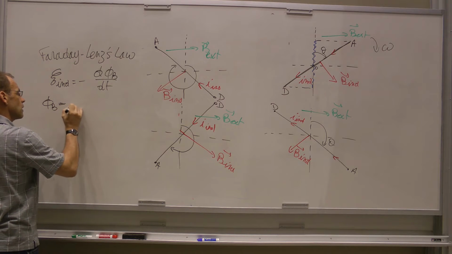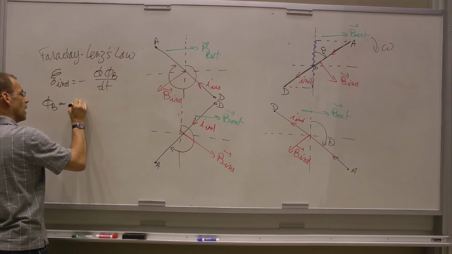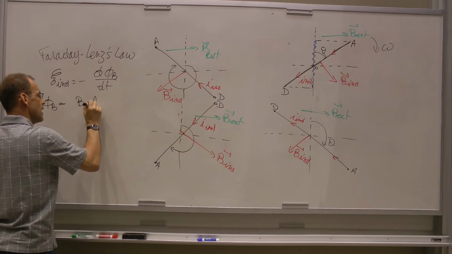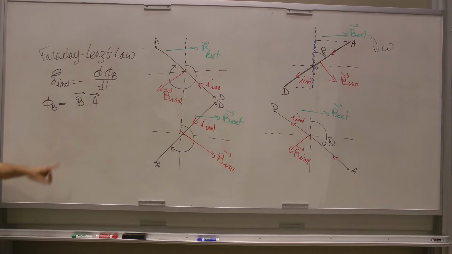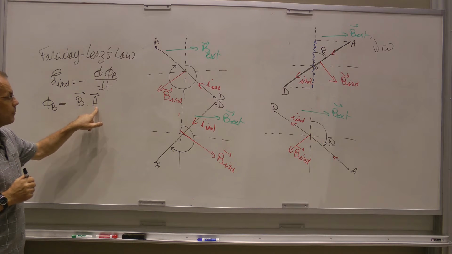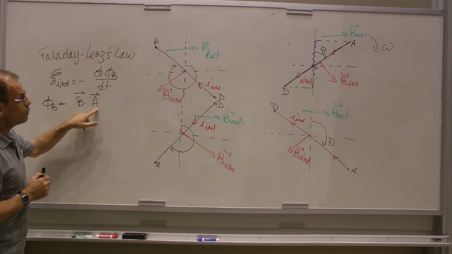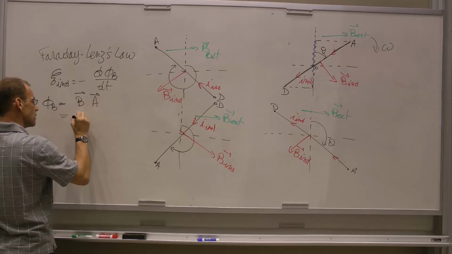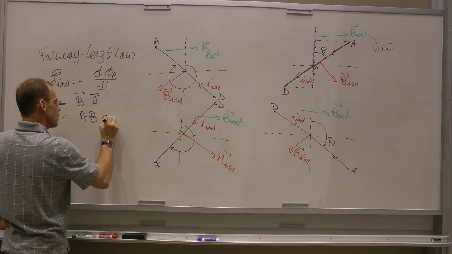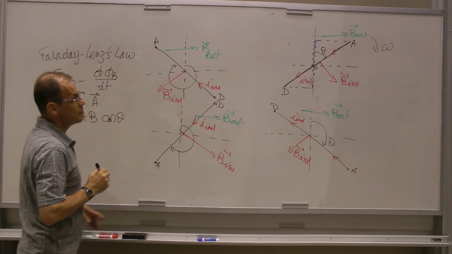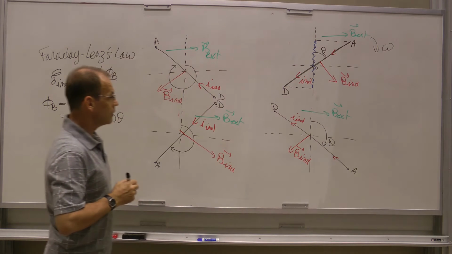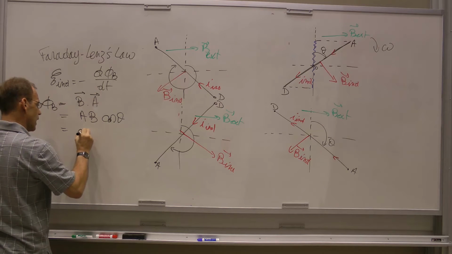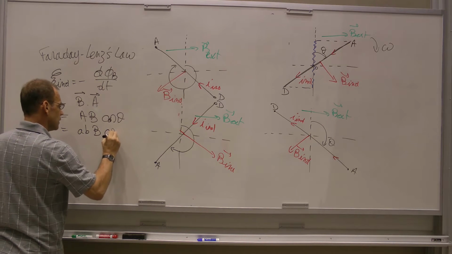It's the dot product of the magnetic field with the area of the loop. The area of the loop is a times b, and the dot product gives the formula a b B cosine theta, theta being the angle at which the loop is rotating. Of course, a is little b, big B cosine theta.